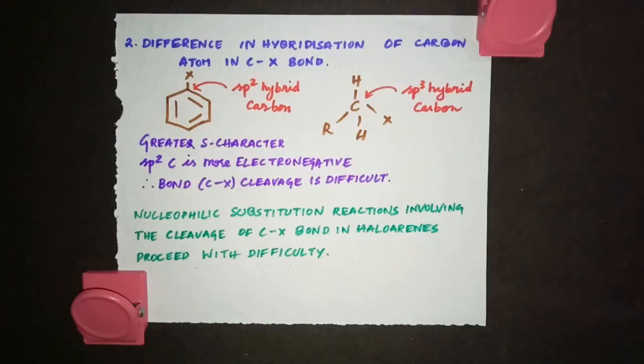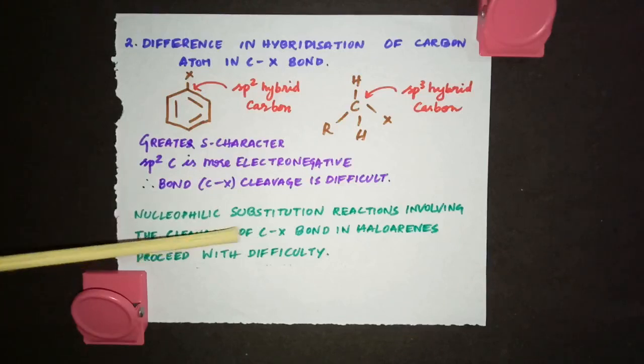We have already learned that if a reaction includes the formation of an intermediate, the more stable intermediate will be preferred, and that will be followed as the product. But here the phenyl carbocation will be very unstable because it's not stabilized by resonance also. So these are the main reasons why haloarenes are showing low reactivity towards a nucleophile.